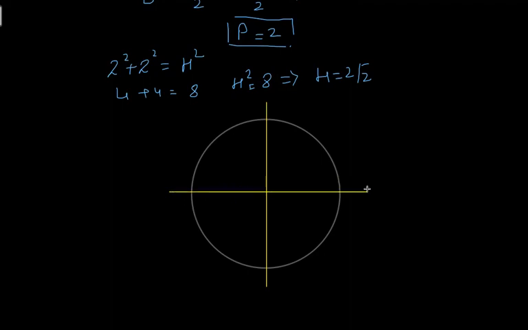So let's give some names to it. Let the center of the circle be O. Now, we have drawn a radius.